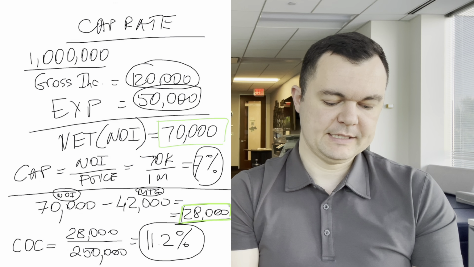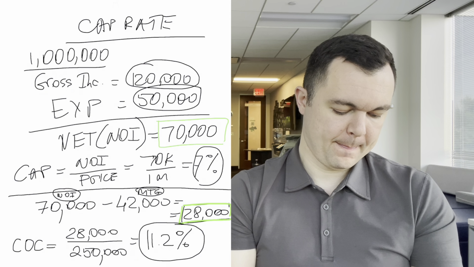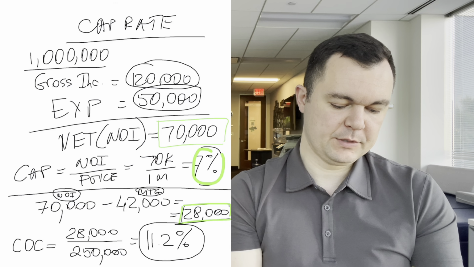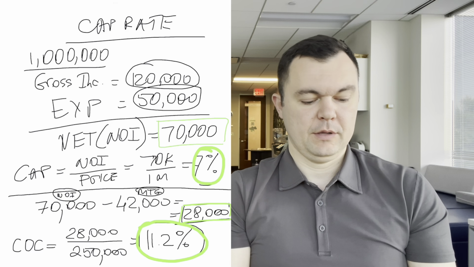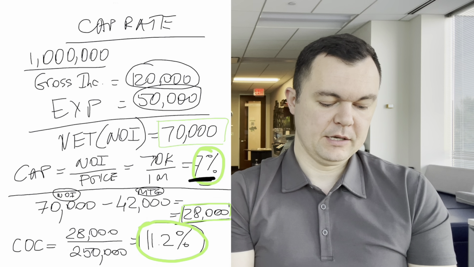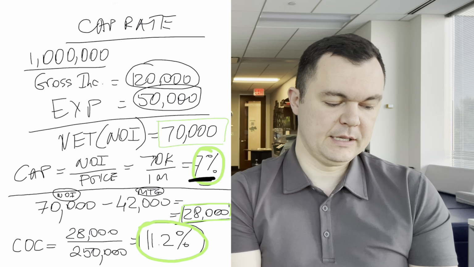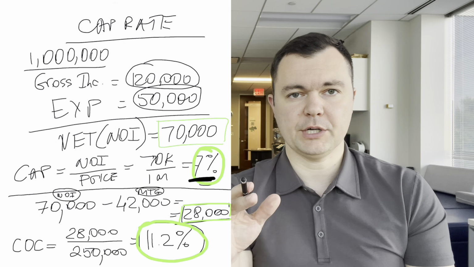What's better, 7% or 11.2%? Remember the difference. For this 7%, we did 70,000 divided by the price, no mortgage.